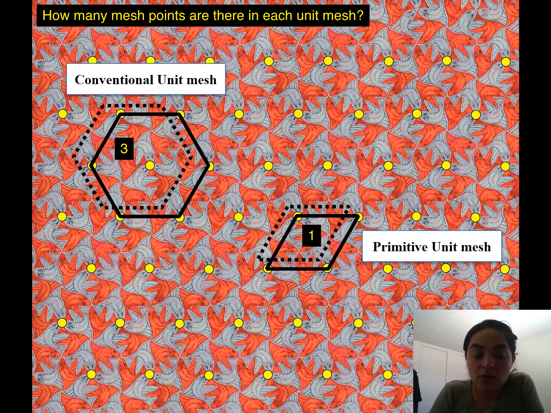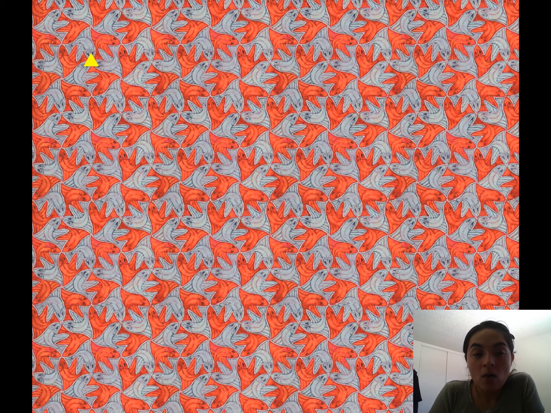And this would be considered your conventional unit mesh, and this would be considered your primitive unit mesh. Now, ways to identify symmetry in this case: here we can see that one of the rotational symmetries we can identify is this 3-fold rotational symmetry, which is the snout of the fishes here.